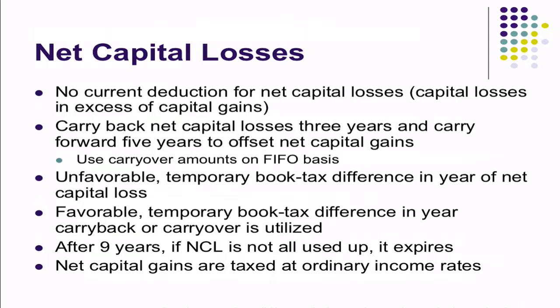And capital income for a corporation is just ordinary income, but you can reduce it, and in other words, reduce your tax liability in the carryback and if it goes forward. After 9 years, which would be what? You're going back 3 years, you're going forward 5, that's 8, and your current year is 9. If your net capital loss is not all used up in that 9-year period, then it expires. It's no longer any good.